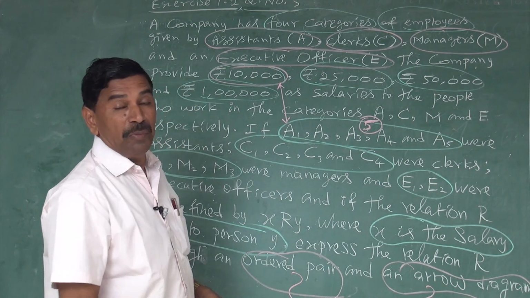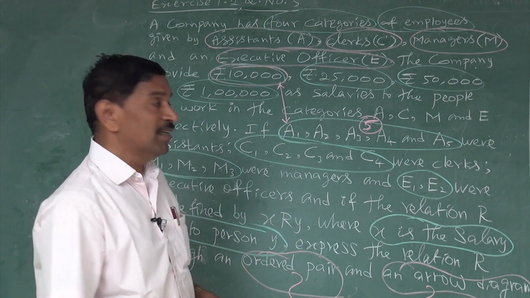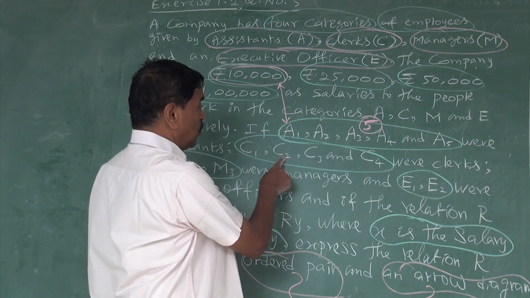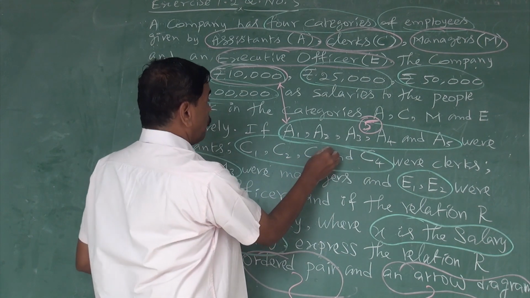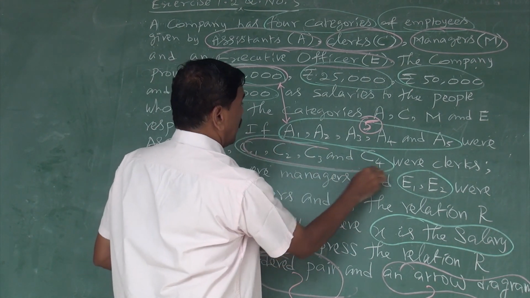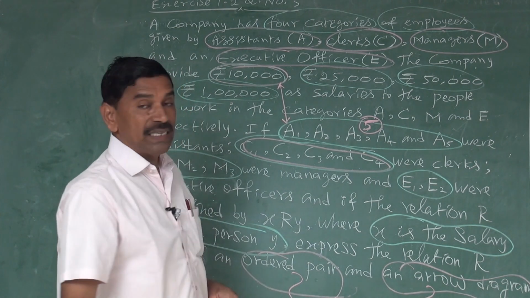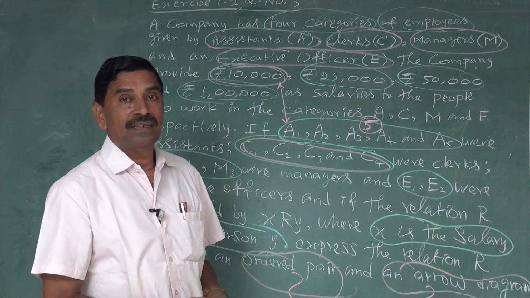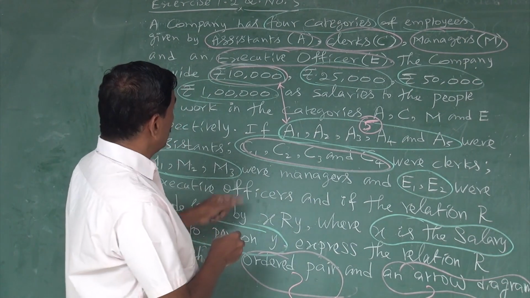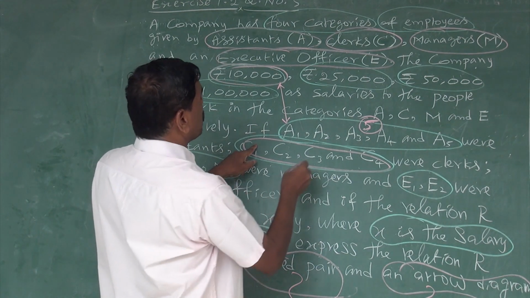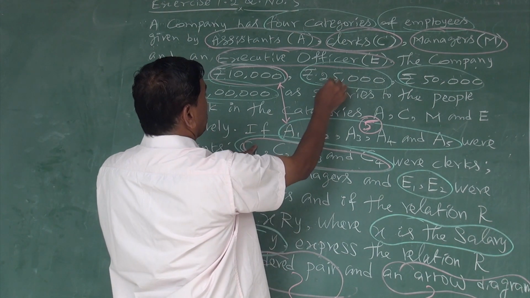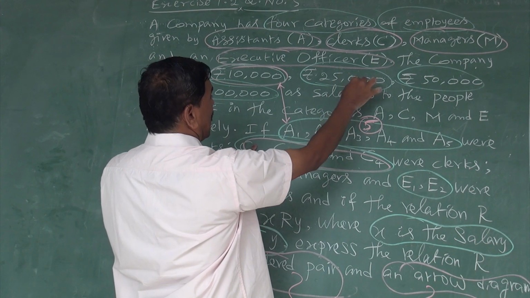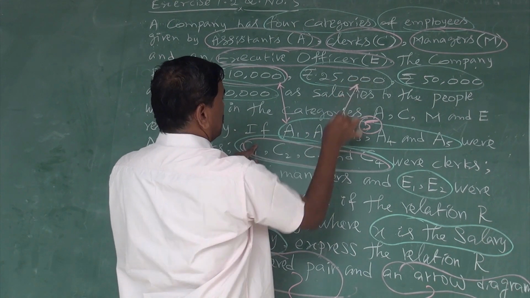Now can you tell me how many clerks are there? Count it. Yes, 4. 1, 2, 3, 4. And what is the salary of each clerk? Yes, 25,000. So we want to map like this. Clerk salary is 25,000.